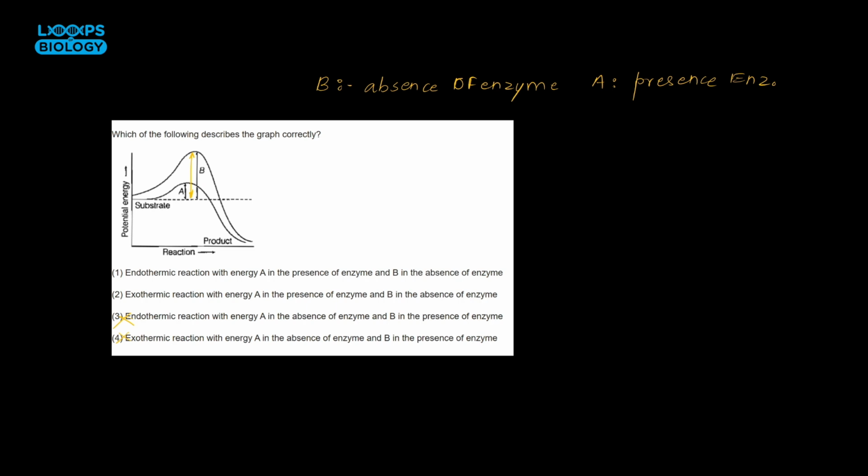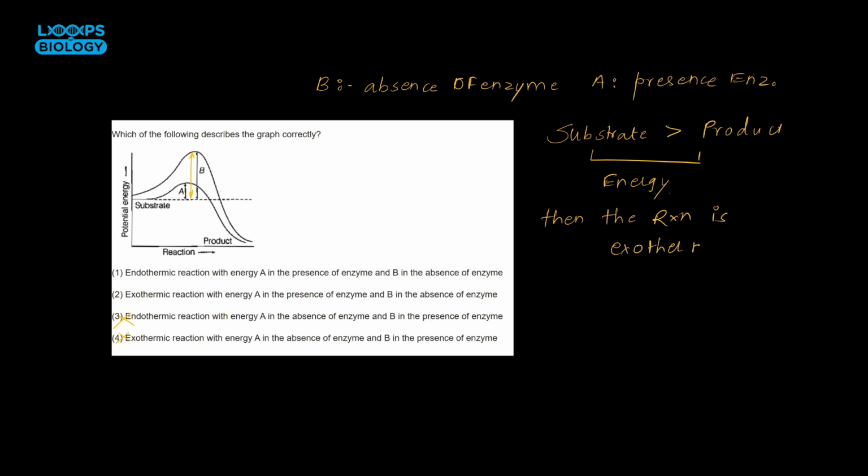Now, we have to take a bet on either option 1 or option 2. So, if the substrate has higher energy than the product, in terms of energy, then the reaction is exothermic.